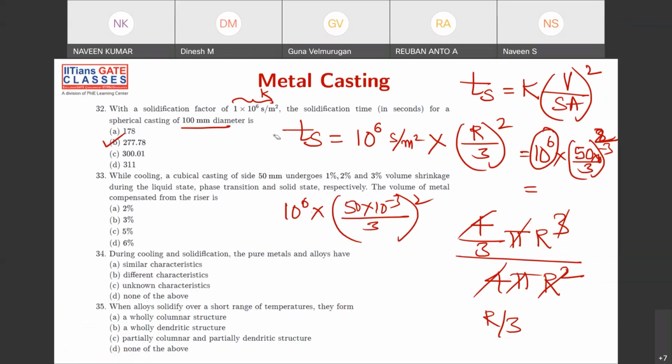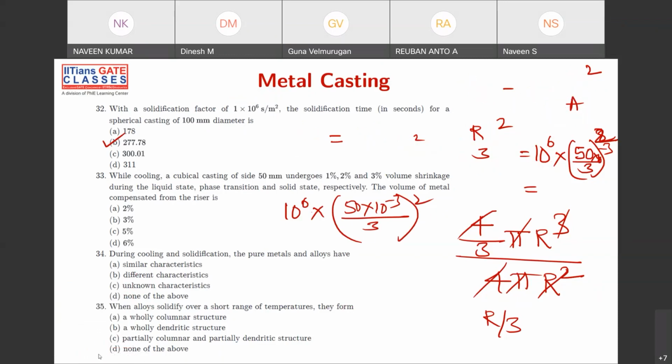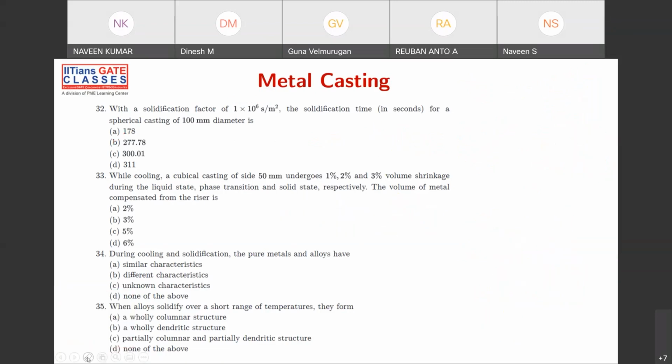Okay, so let me erase all the stuff you can see in the video. Anyways, answer is B. Okay, 33rd one. What is the answer for 33rd one?